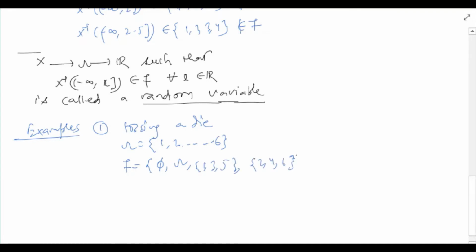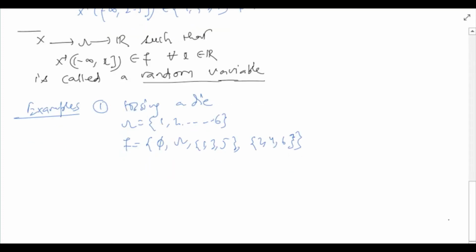One can easily verify that such a set script F is a sigma algebra, that is, it is an event space. Now let us define a function X from Omega to R as follows. X of omega is 1 if omega is divisible by 3 and 0 otherwise.